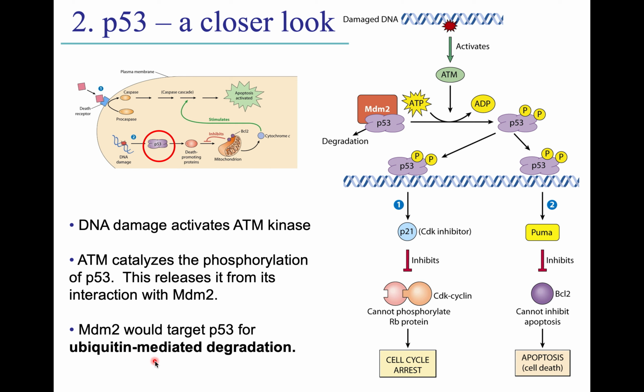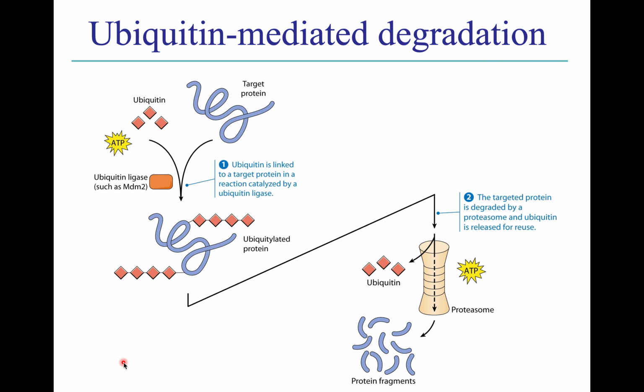Let me just step away from this to show you what ubiquitin-mediated degradation is. This is a common mechanism for getting rid of unwanted proteins in the cell. In a nutshell, MDM2 is called a ubiquitin ligase.